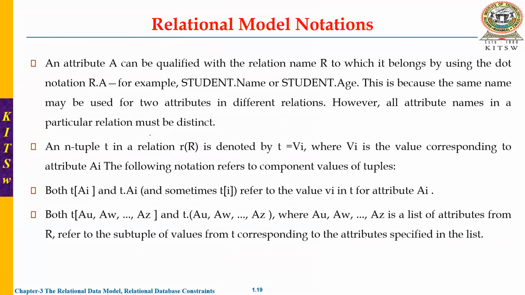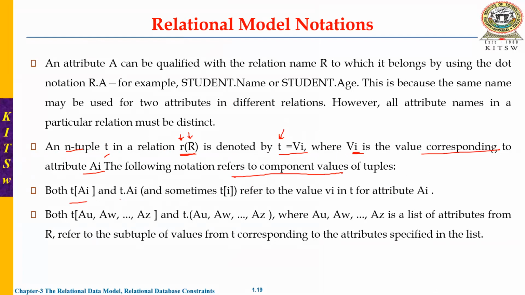Relational model notations, you can say like this. An n-tuple t in a relation r of R, where r is the state and R is the relation, is denoted by t equals Vi, where Vi is the value corresponding to the attribute A. Following notations refer to the component values of tuples.